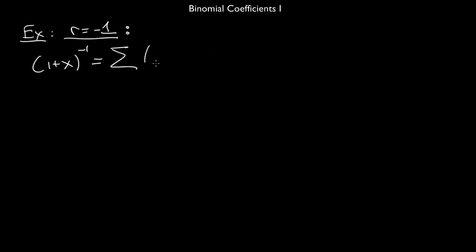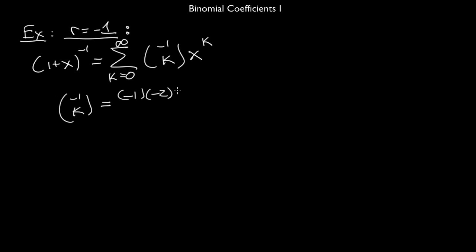So let's take the case r equal to minus 1. You get this weird looking formula. (1 + x)^(-1) is equal to the sum of (-1 choose k) x^k. Well, what on earth is minus 1 choose k? Well, it's (-1)(-2)(-3) dot dot dot (-1 - k + 1).